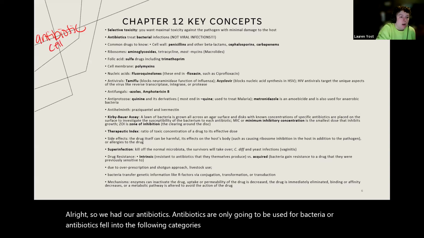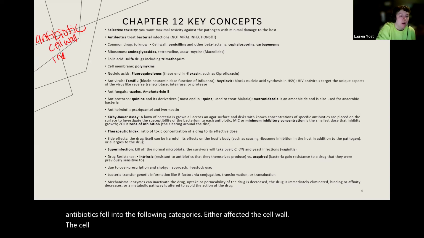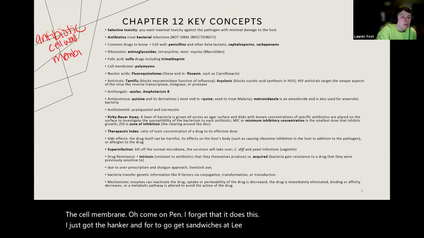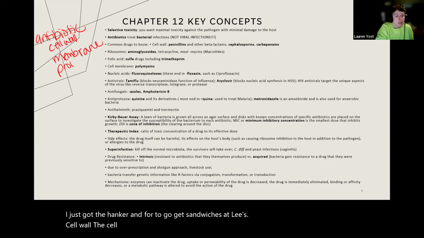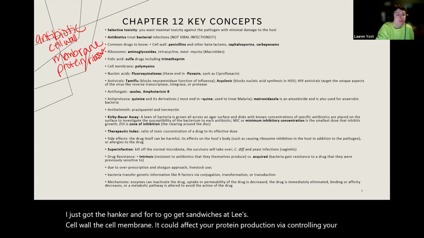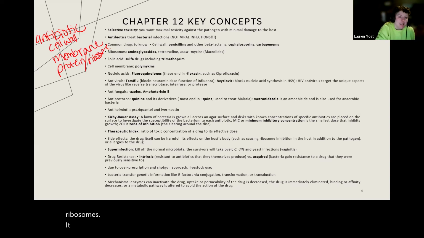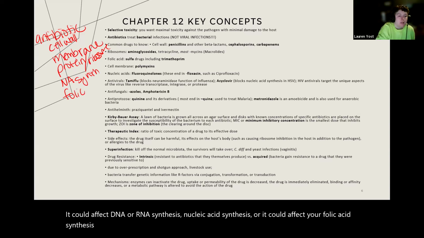You either affected the cell wall, the cell membrane, it could affect your protein production via controlling your ribosomes, it could affect DNA or RNA synthesis, so nucleic acid synthesis, or it could affect your folic acid synthesis pathways. That's all the ways that antibiotics work.